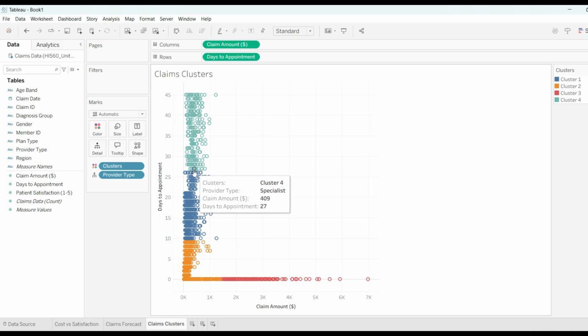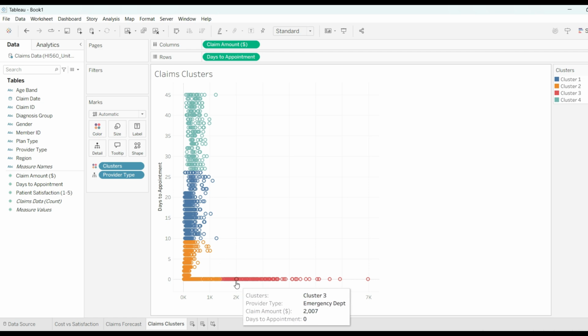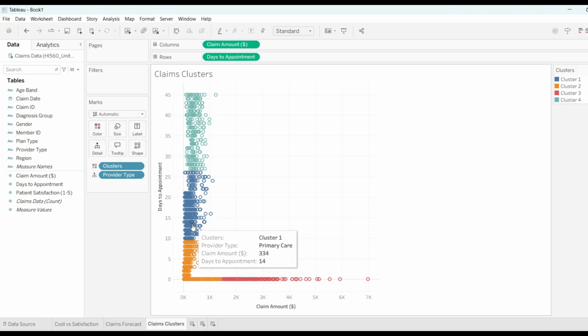Provider type, look at that. Notice that in our clusters right here, emergency department. There's some primary care. There's a few little specialists in here. Most everything up here in our 4th cluster is all about specialists, okay?